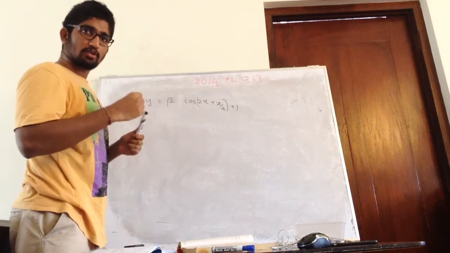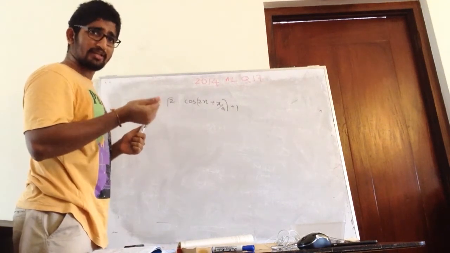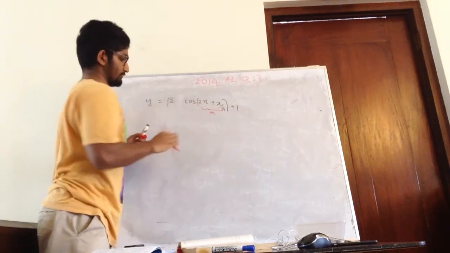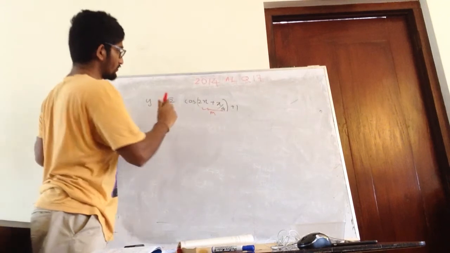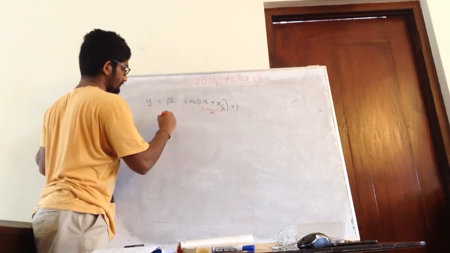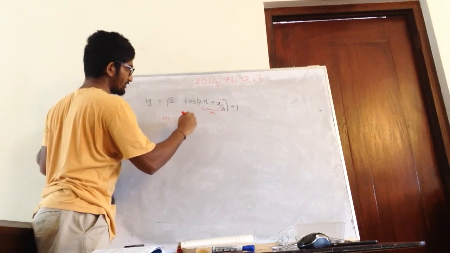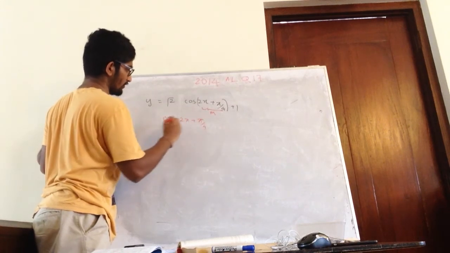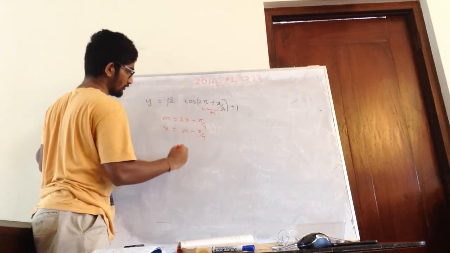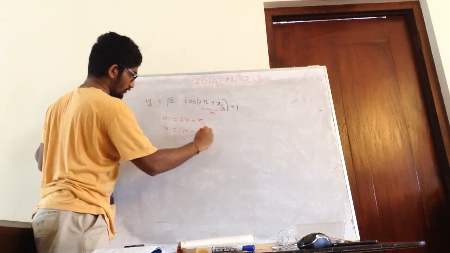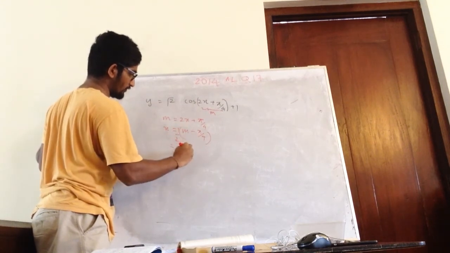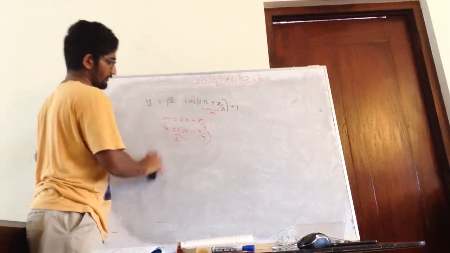Right? So now let's evaluate that. If I take this as m, I know that m is 2x plus 5 over 4. x is therefore m minus 5 over 4, over 2, no?